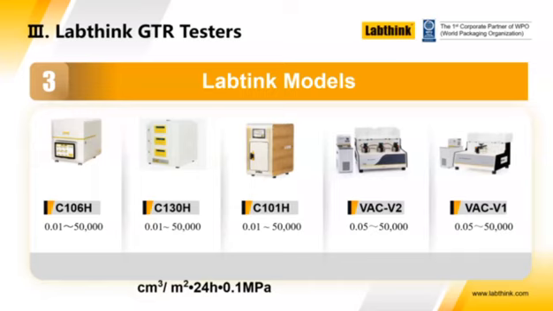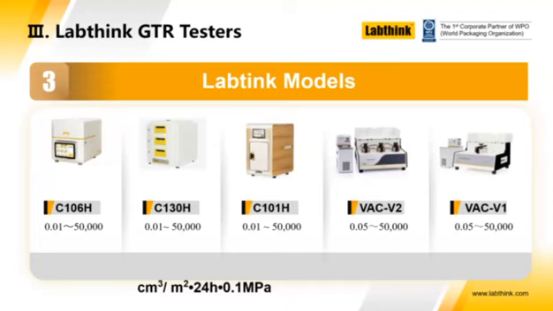And from those measurements, the machine has some very clever software inside which will calculate, based on the results of those 3 measurements, what the GTR would be at elevated temperatures beyond the measurement range of the temperature control. And so with that, we can predict what the GTR might be, for example, at 200 Celsius or 300 Celsius. So again, this consolidates its status as a great instrument for research and development.